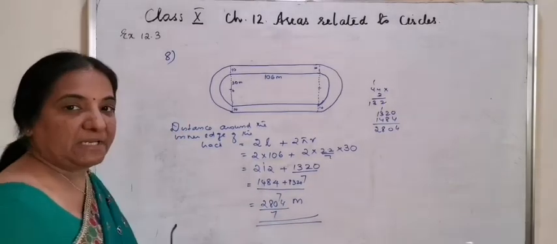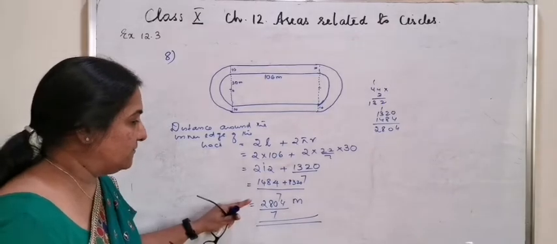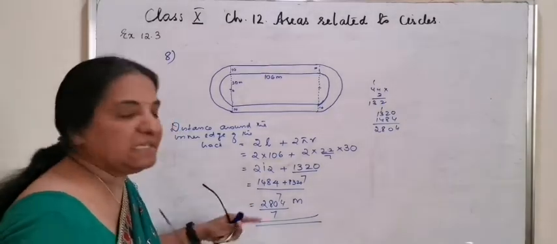Since it is a perimeter, it is 2804 by 7 meter.